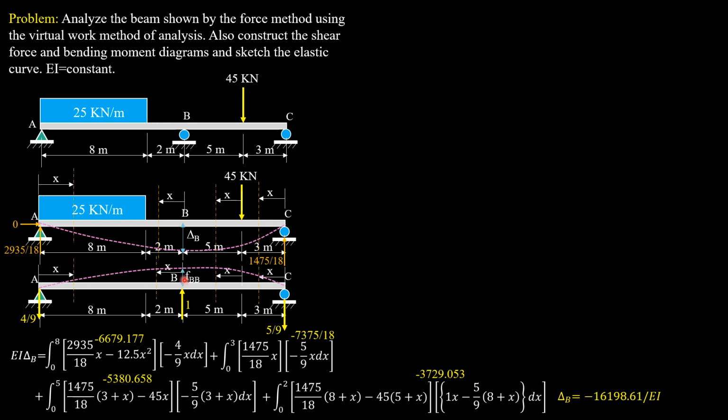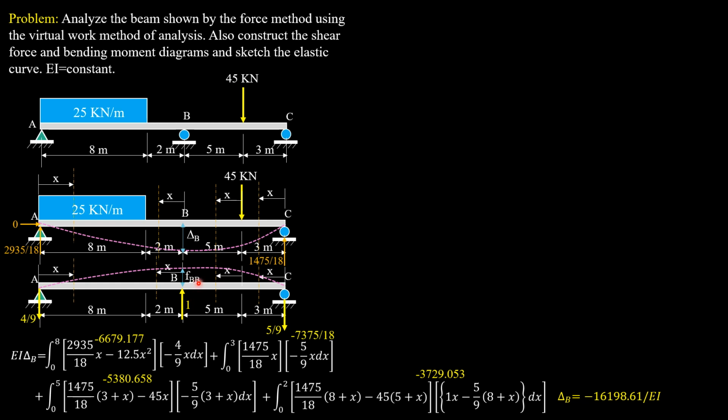So that's FBB. The meaning of FBB is the force coefficient for RB. The first letter, B, is the deflection at B due to this unit load. First, interpret it as 1 kilonewton. Then in the second part, unitless, no unit.